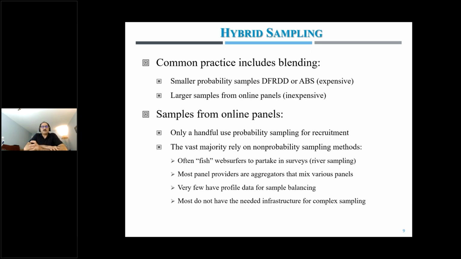And most of these panels oftentimes mix and match various panels to accommodate the survey needs. Many of these panels don't have any profile data for sample balancing. And if you have ever dealt with one of these panel providers, you would know that oftentimes they have very limited experience and infrastructure for complex sampling.